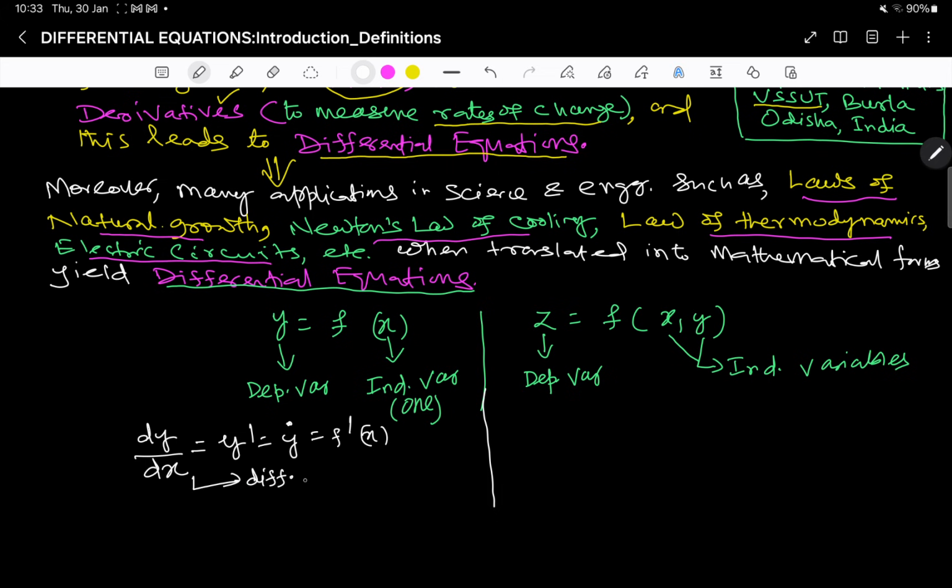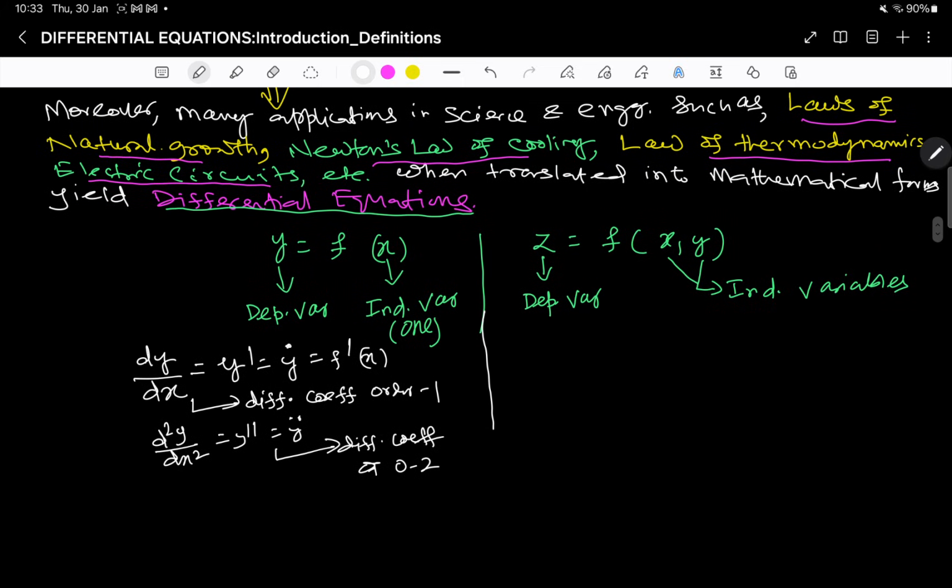Similarly, if I find the second derivative, d square y by dx square, this is y double dash or y double dot, and so on. These are also differential coefficients of second order, and here is order 1.